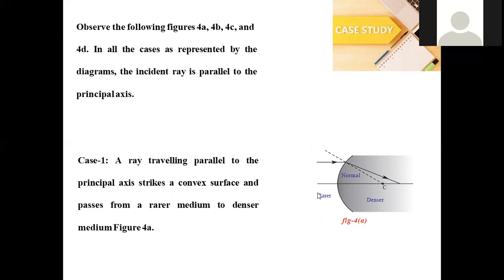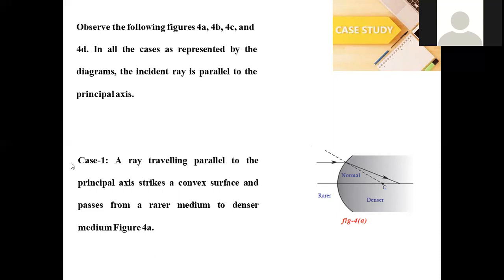Here also, this is the principal axis. On this we have the center of curvature, and we are originating light parallel to this principal axis, which hits the surface of this curvature, right? The curved surface is going to be hit, and later it will participate in the bending of light called refraction. Bending of light is possible, and it crosses the center of curvature.